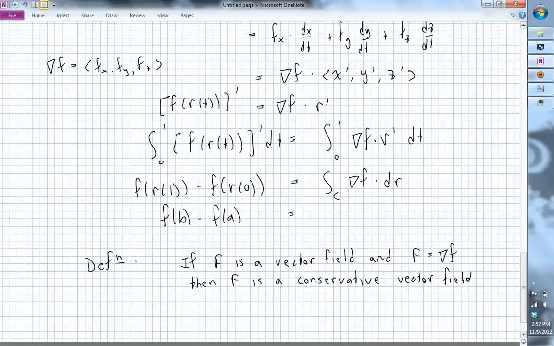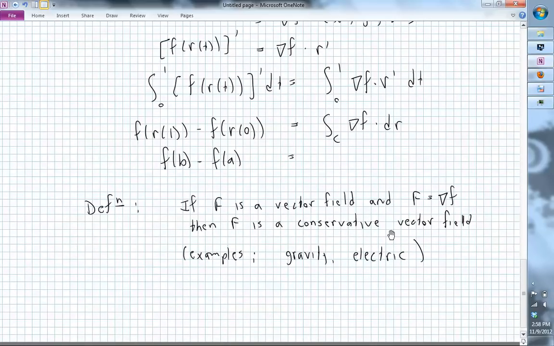And examples of conservative vector fields are like gravity and electric potential, and fields that you encounter in nature are typically conservative fields. I'll talk a little bit more about where the word comes from in a second. This is not in the book, but it's certainly worth knowing. In this case, little f is called a scalar potential, or just a potential.